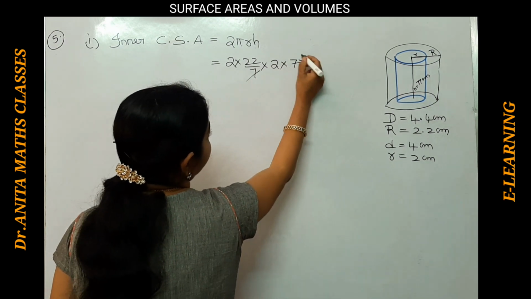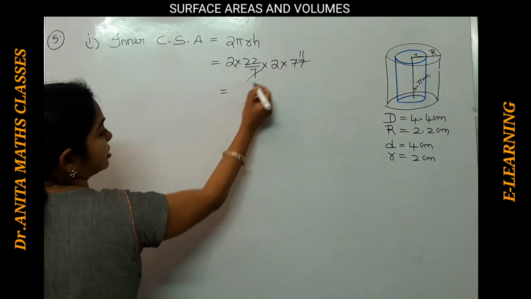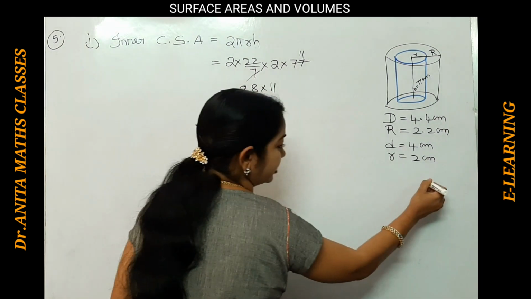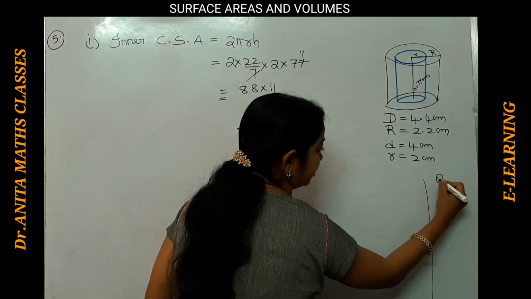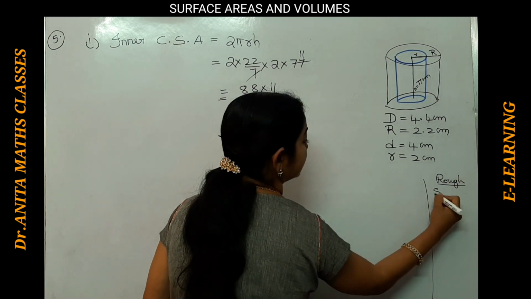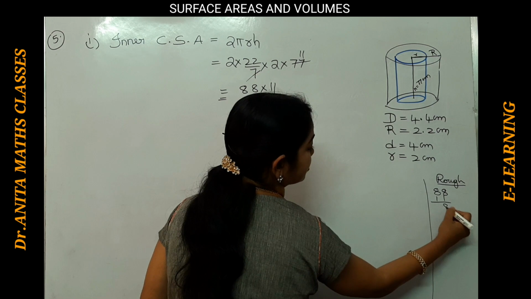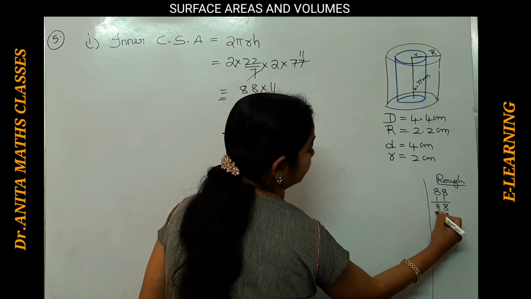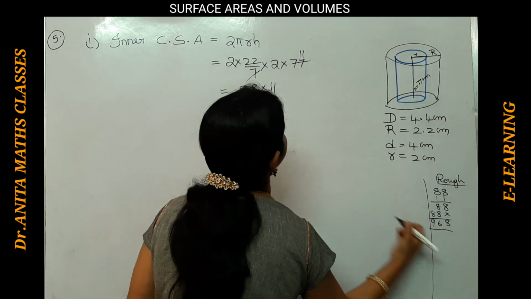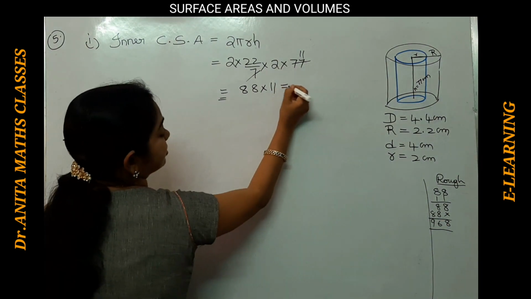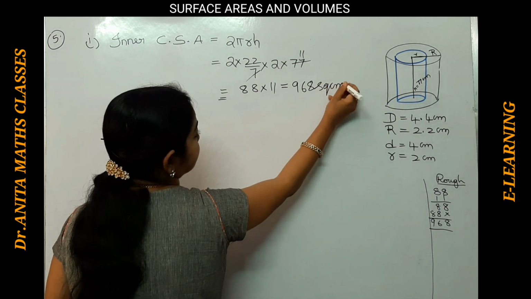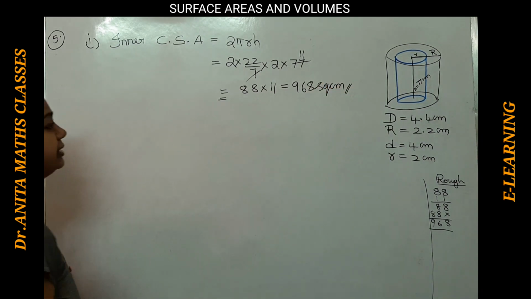So 7 ones are 7, 7 elevens are 77. That comes to 88 into 11. We'll do it in the rough part here. 88 elevens are 968. So 968 square centimeters is the inner CSA.